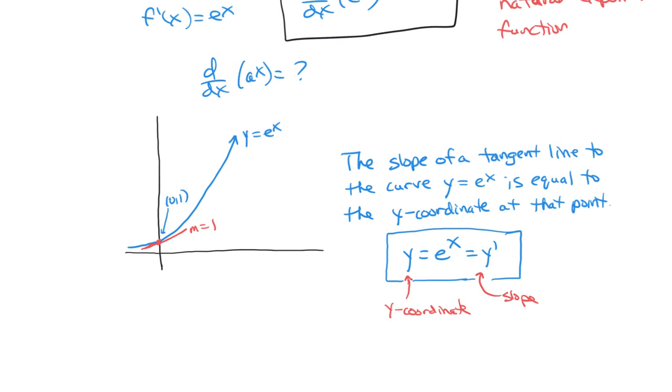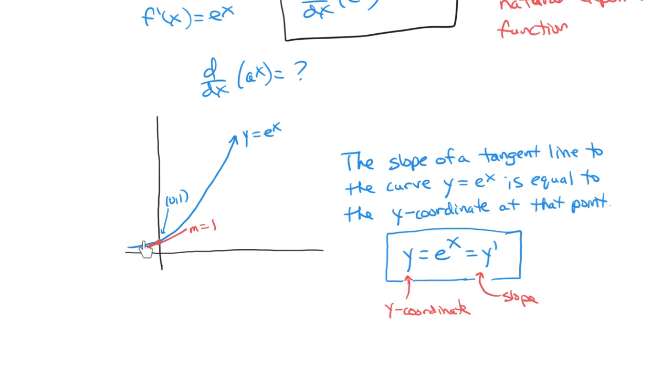Okay, I added a little bit here. But here's what we've got. So you know that the derivative of e to the x is equal to e to the x. So if I draw the graph of y equals e to the x, what this means is the slope of a tangent line to this curve is equal to the y-coordinate at that point.